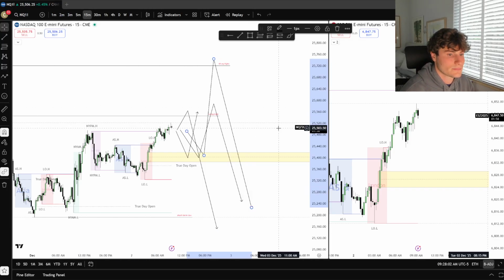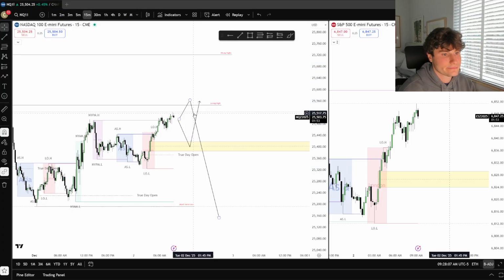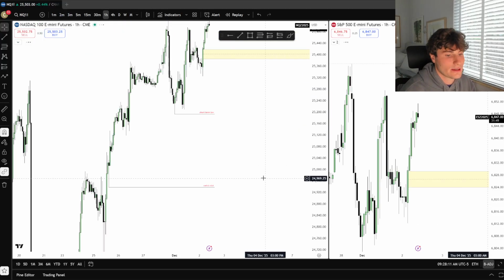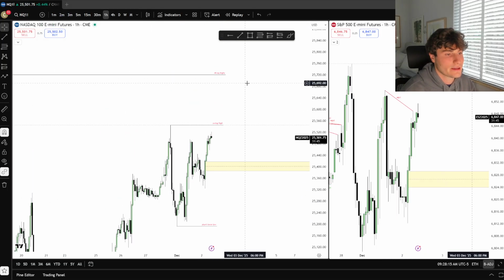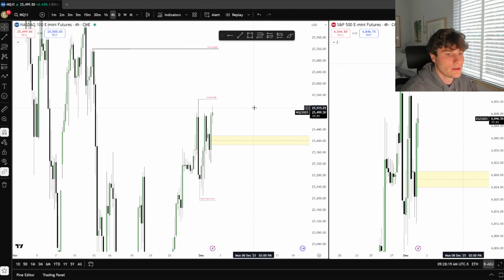Those are the scenarios. And I have this short-term low marked, and then I have weird wick 1, and then weird wick 2, and then swing high, and then this 4-hour equal highs right here inside of this fair value gap.